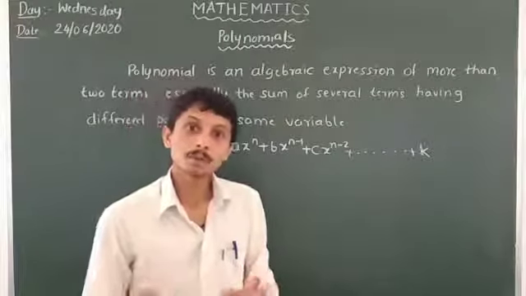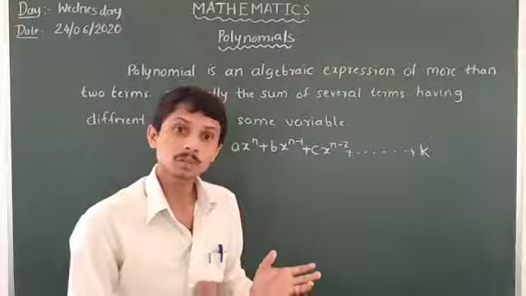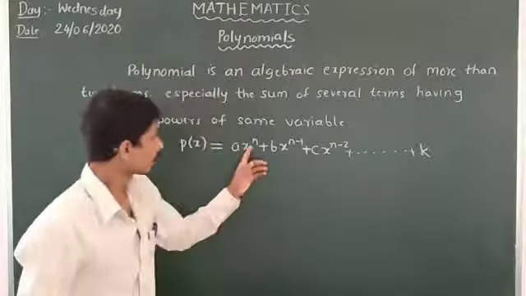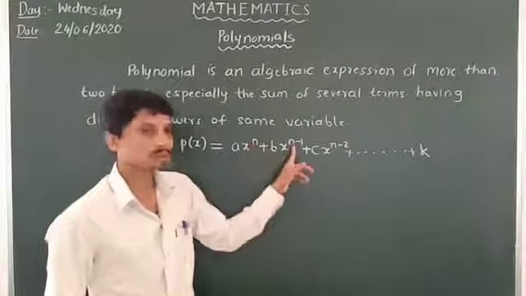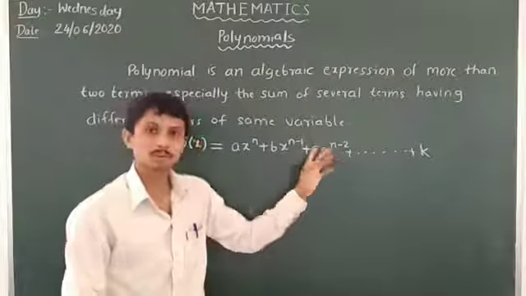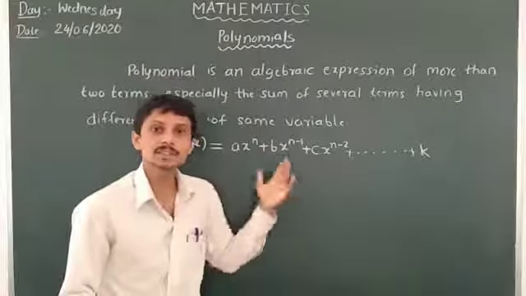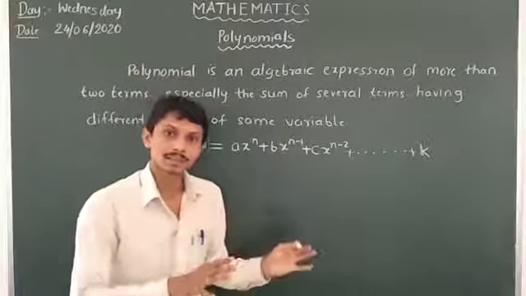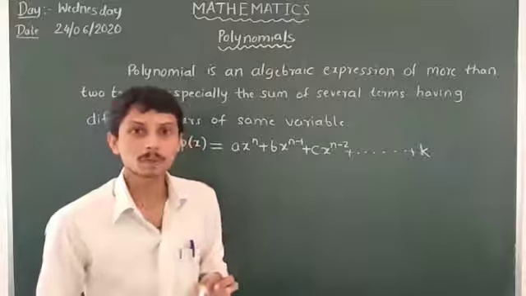Now the highest power of the polynomial. Here n is the highest power. n minus 1 is a bit lower than n, and n minus 2 is a bit lower than n minus 1. The highest power is n here. So this n is known as the degree of the polynomial.